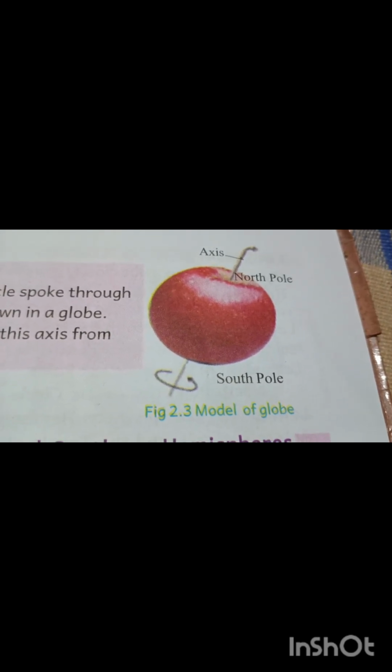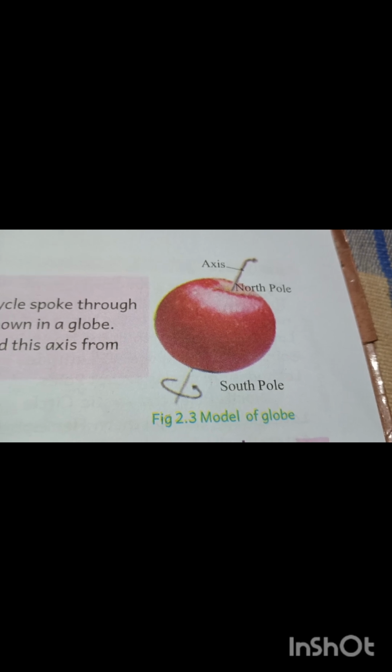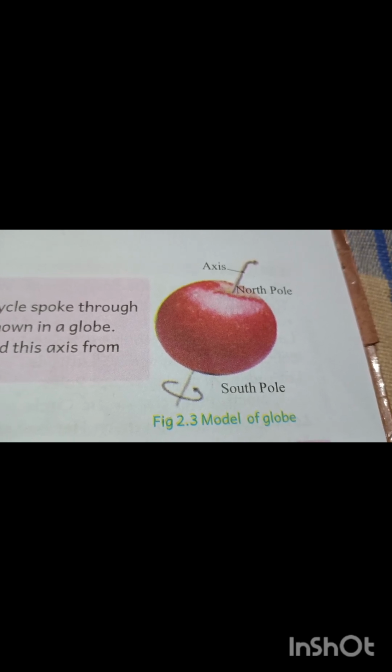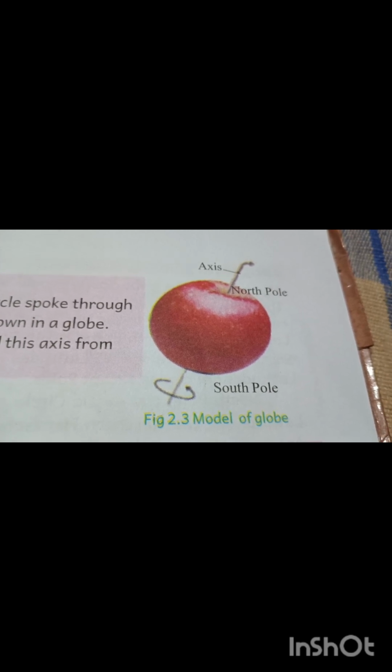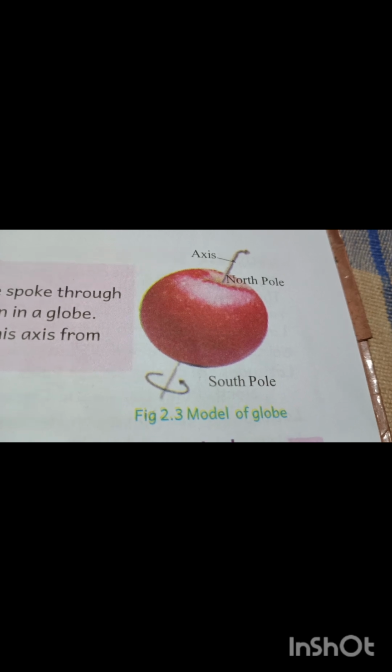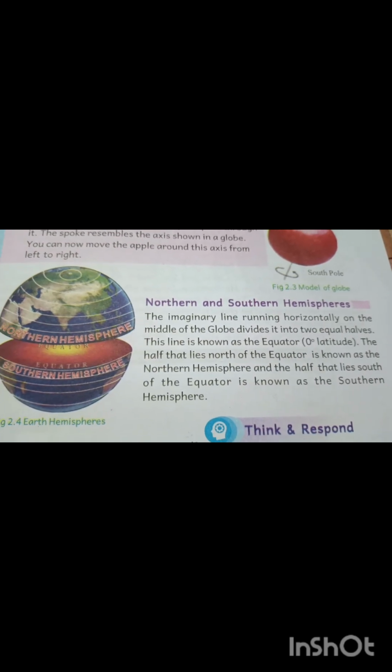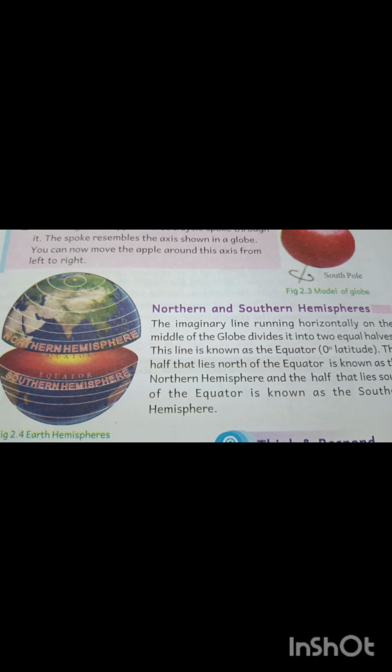Here, if we observe an apple, axis, North Pole, South Pole, model of a globe we can see here. Another thing, if you observe northern and southern hemispheres, the imaginary line running horizontally on the middle of the globe divides it into two equal halves.